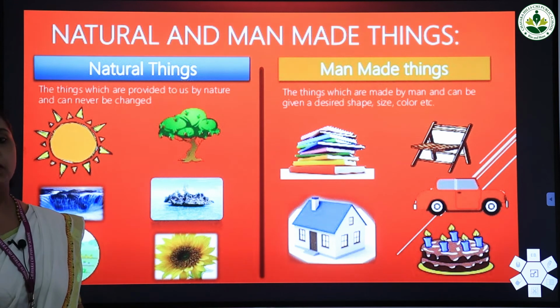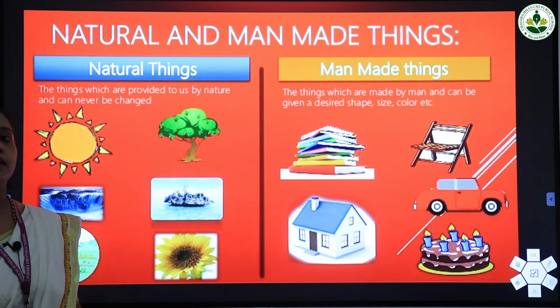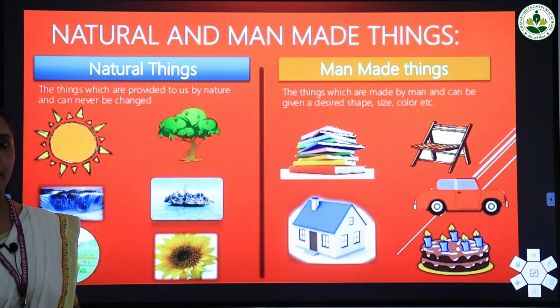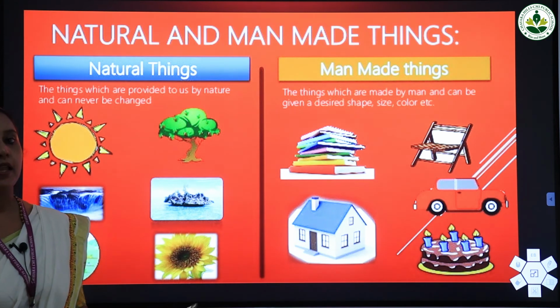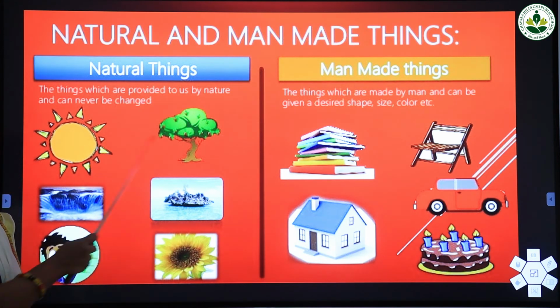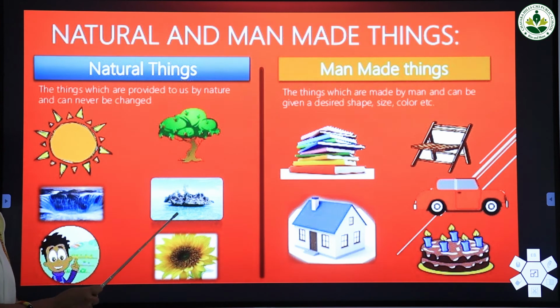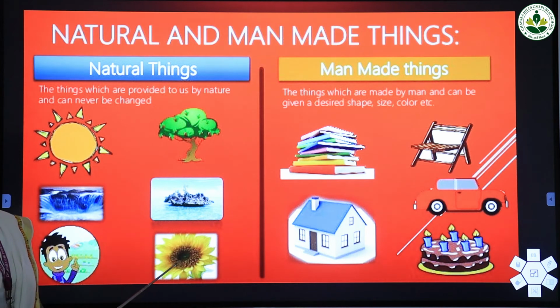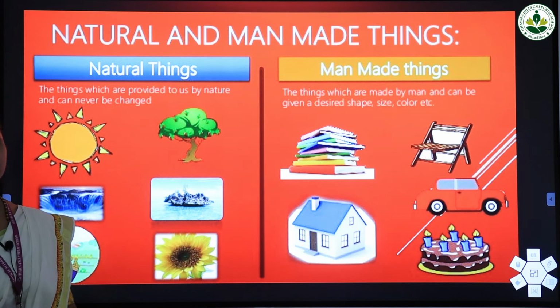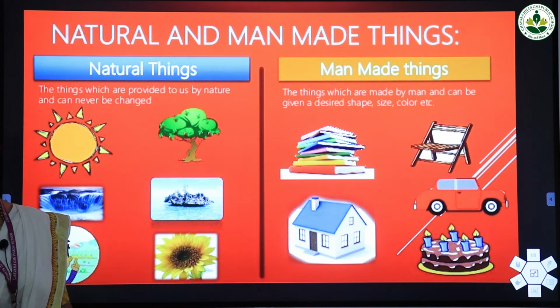The things or the objects that we find in nature as such are known as natural things. Examples are sun, tree, ocean, waterfalls, mountain or landscape. You can see the sunflower. So all these things occur in nature and they are known as natural things.